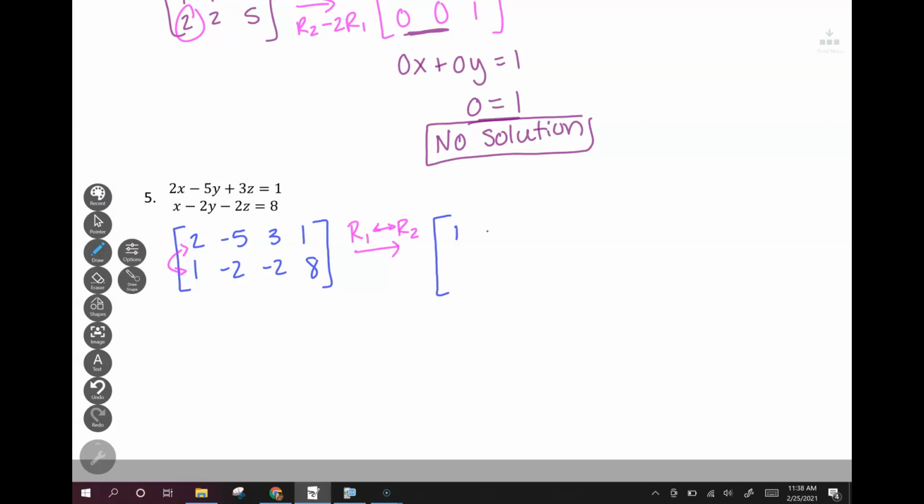Gives me 1, -2, -2, 8, 2, -5, 3, 1. Just switching those out. Okay, now I need to get rid of that 2 below the 1. Need to make this into a 0. So I'm going to do row 2 minus 2 of row 1.